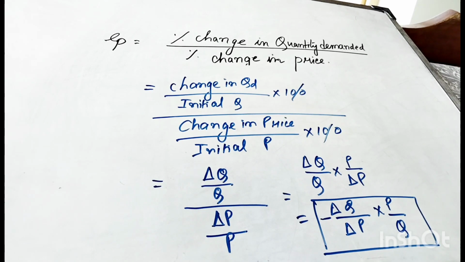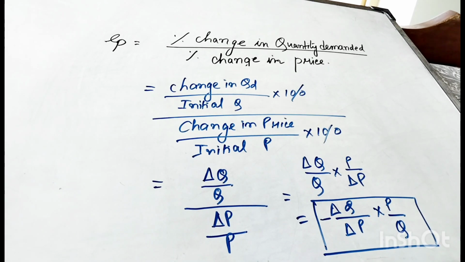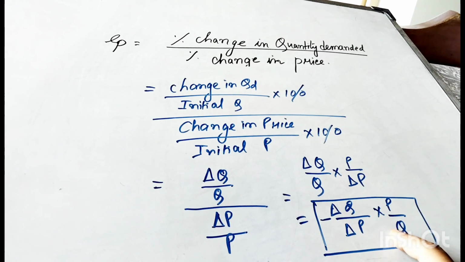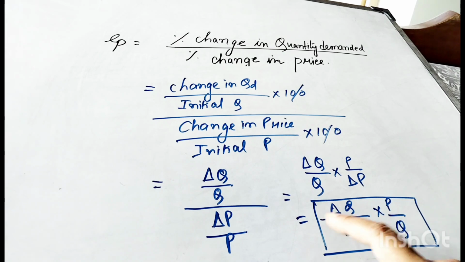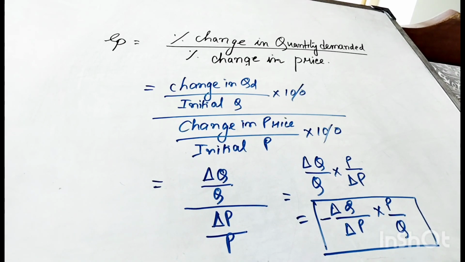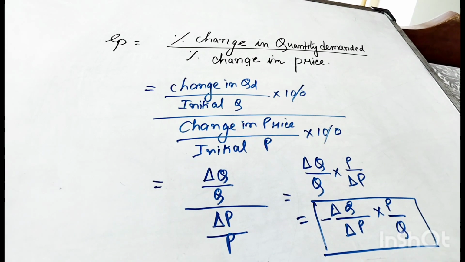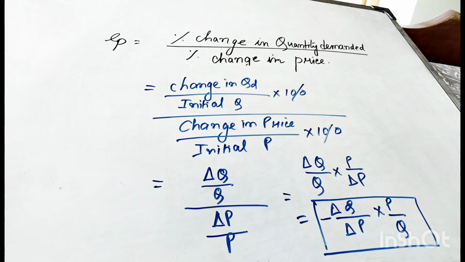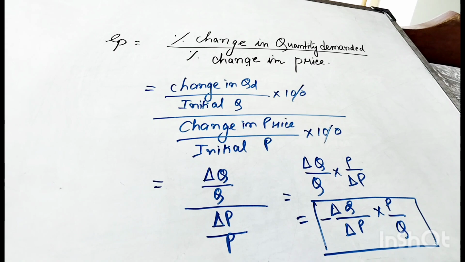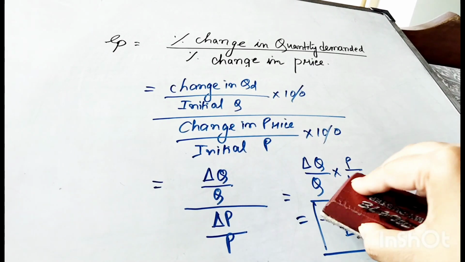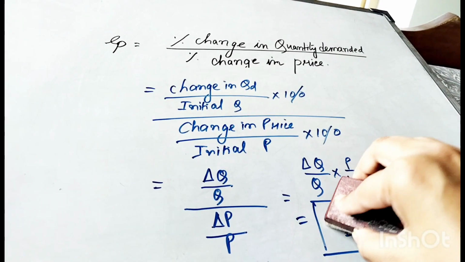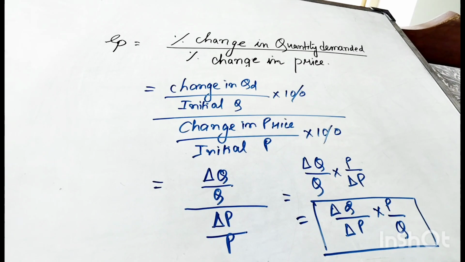Because we know that the demand curve has a negative slope. That is why the formula will be minus del Q by del P into P by Q. But we are going to neglect this negative sign and take only the absolute value. Absolute value means no sign will be there. So we can neglect this minus sign while calculating the numerical.